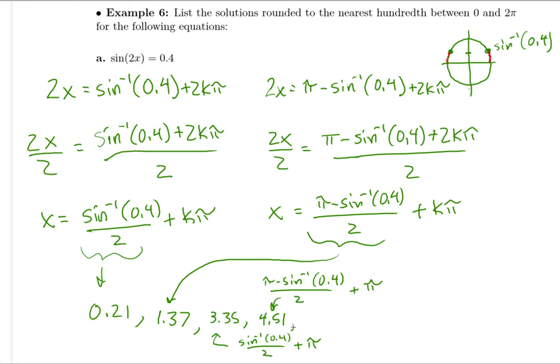Now if I tried one more, I know it's not going to work because I'd be taking 0.21 plus 2 pi, and that's obviously going to take me outside of 2 pi. But as you're doing these lists, a good thing to always remember, when you have approximate solutions, is that 2 pi is 6.28. So as long as you're under that, you're in that interval 0 to 2 pi. If you get over that, then you've obviously gone outside and can stop.